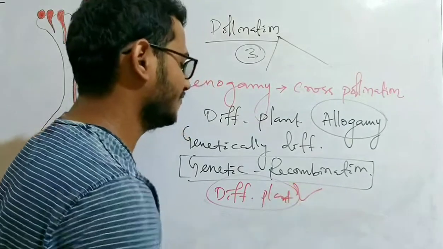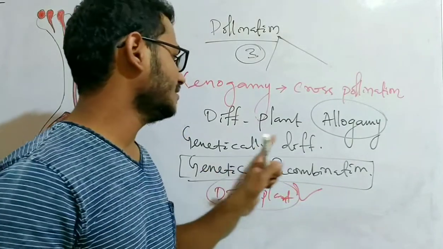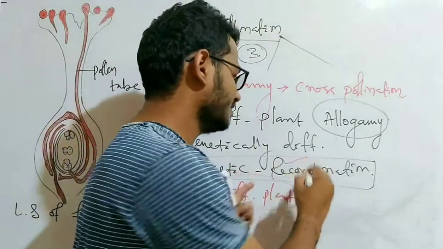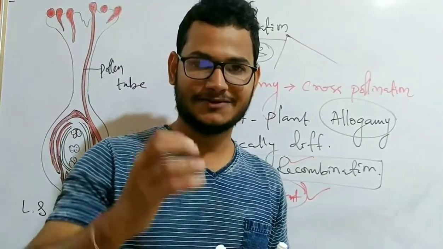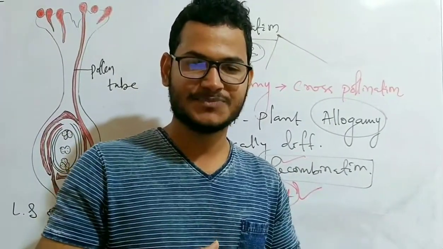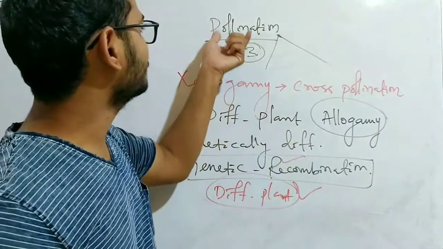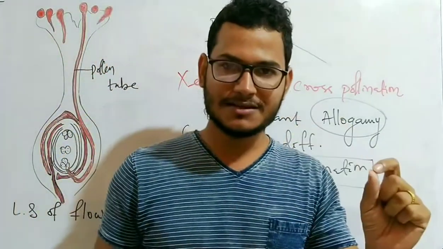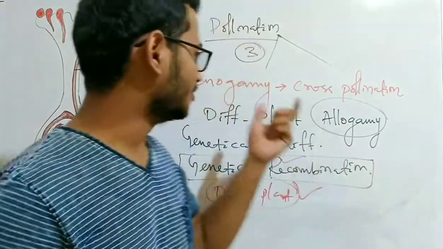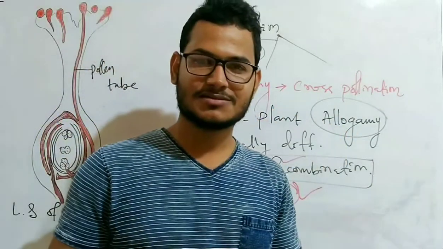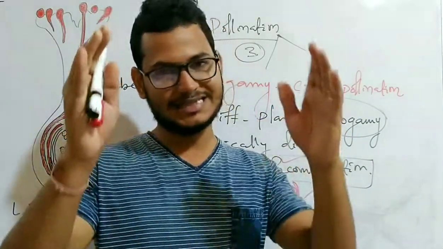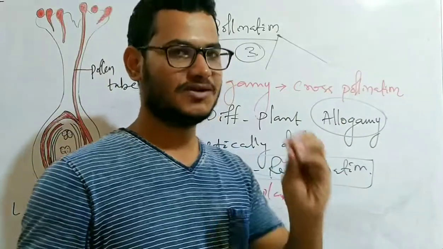Due to different plants, genetic difference or genetic recombination is possible, by which a different variety can be obtained. So this is all about the three different types of pollination: autogamy, geitonogamy and xenogamy or allogamy.